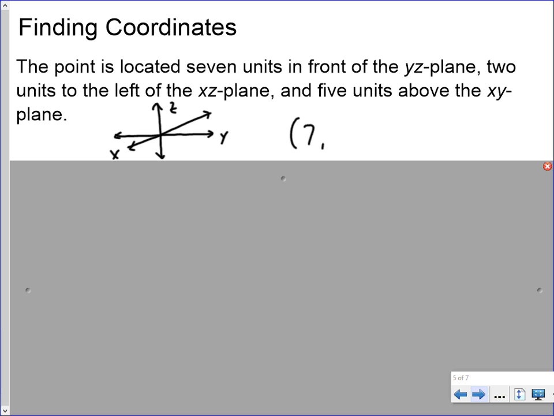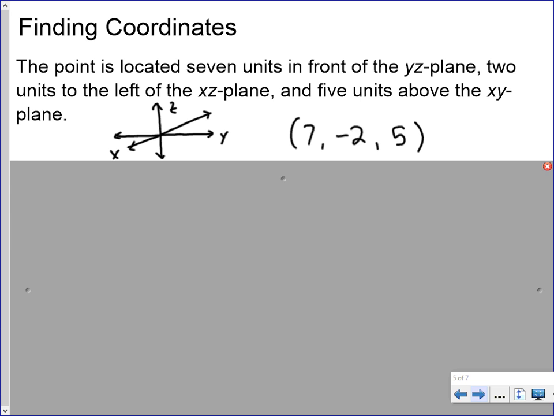If you're going left of that plane, then you're on the y-axis, so that's giving us our y-coordinate. 2 units left would be -2. And then if you're 5 units above the xy plane, that would be your z value going up or down, so 5. So you're just naming the coordinate on that one.